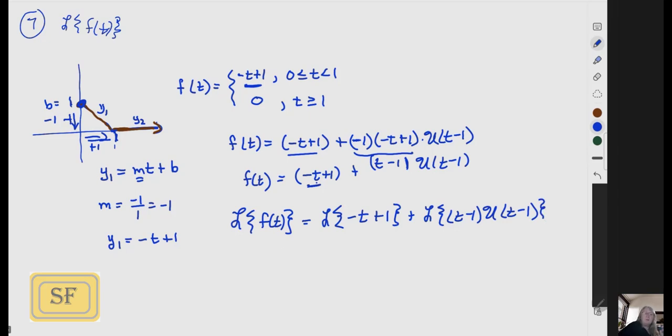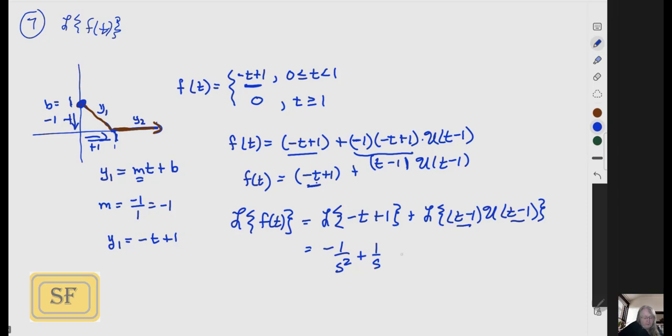So what's important is that we do have this same shift, that the t shifts to t minus 1. So the first Laplace transform just comes out, use your tables, and the Laplace of t is 1 over s squared. So that's -1 over s squared. The Laplace of 1 is 1 over s.